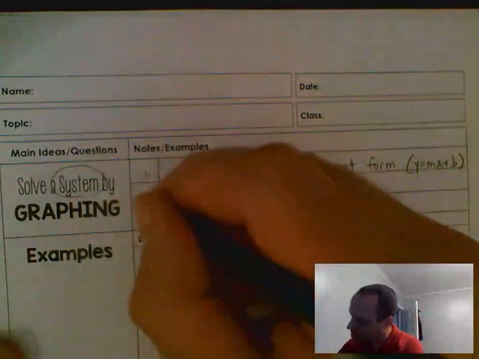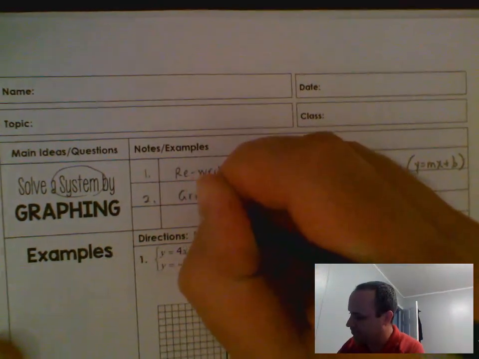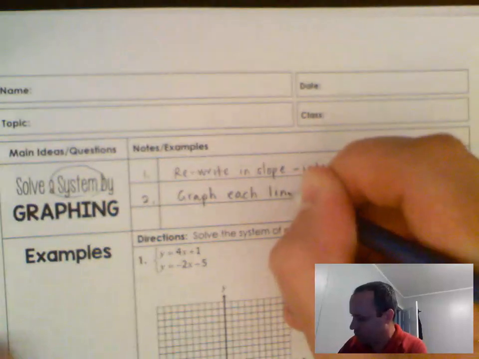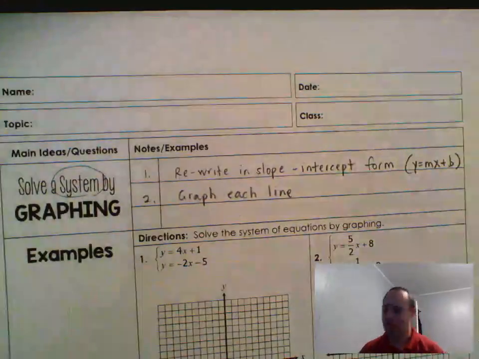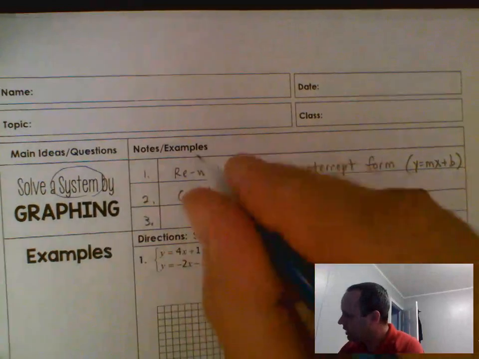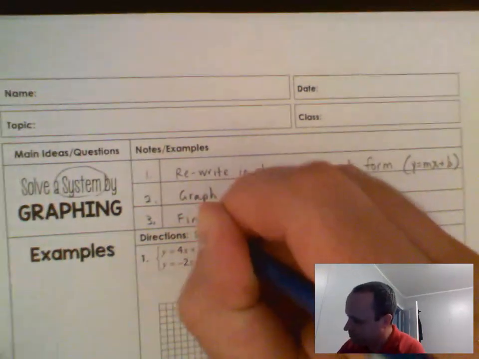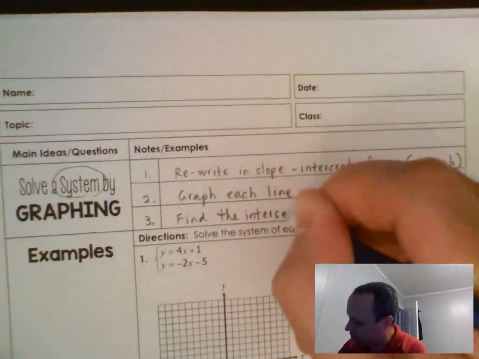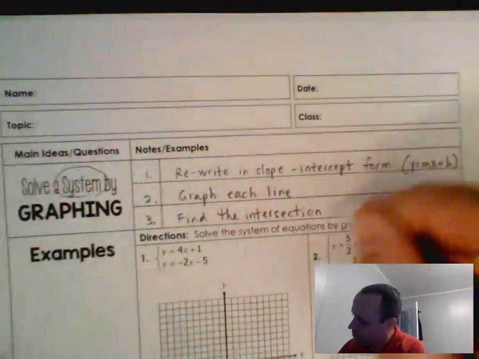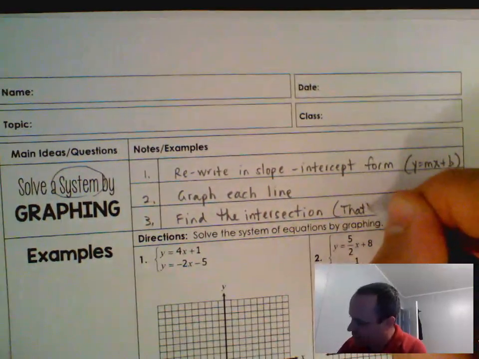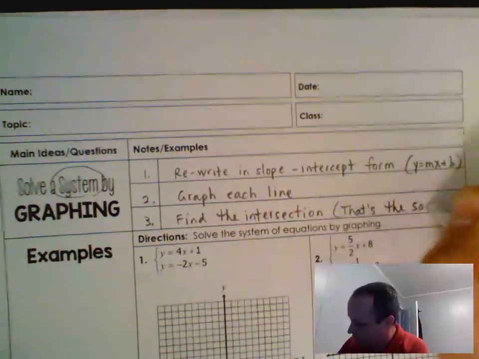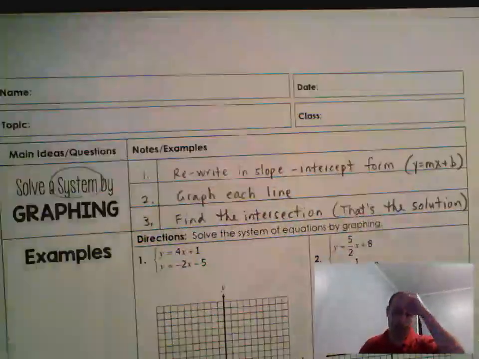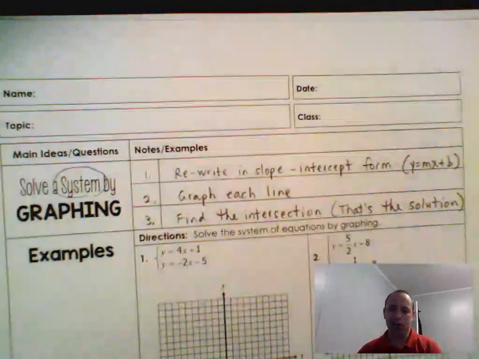The second thing you need to do is graph both lines, or graph each line. And then the third thing you need to do is to find the intersection. And that's the solution.